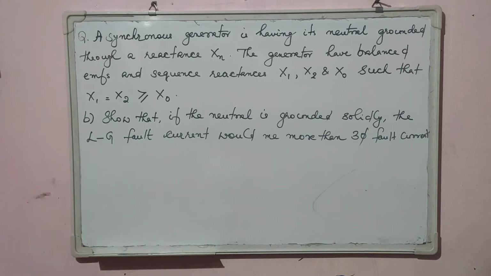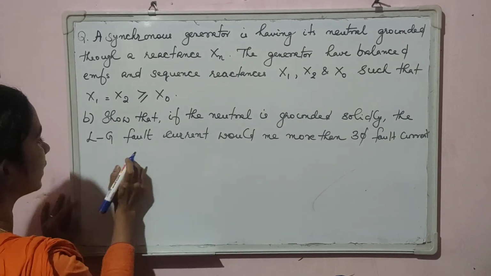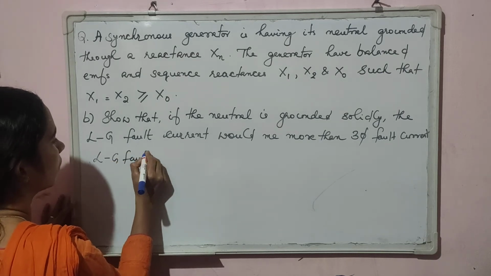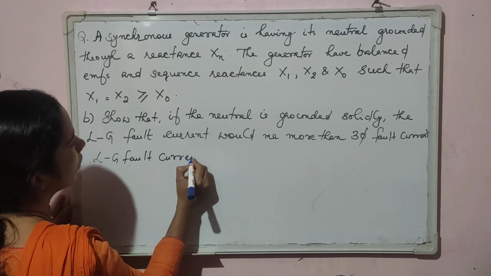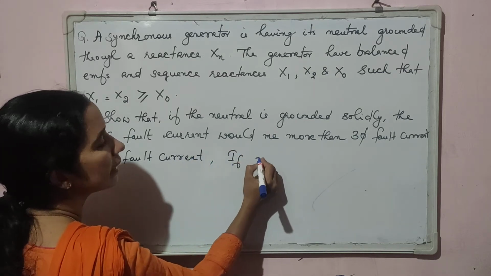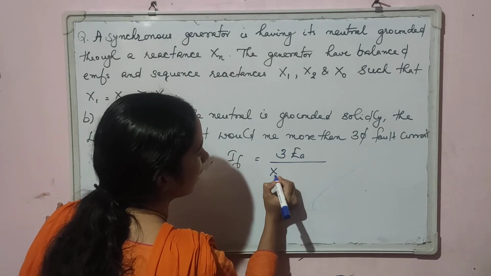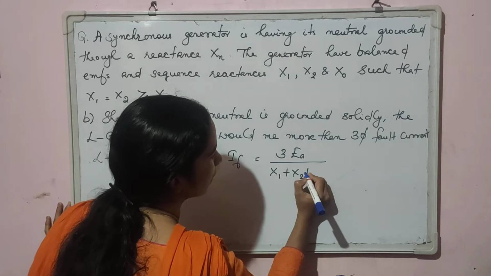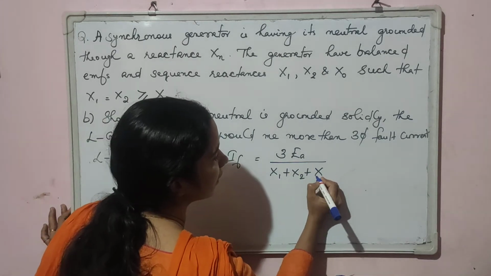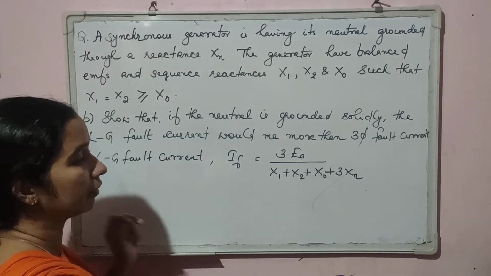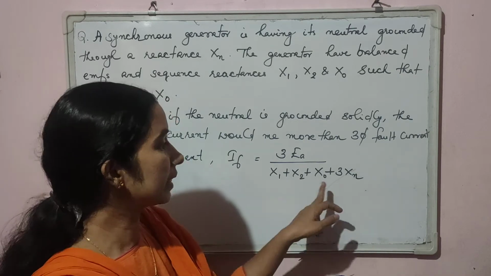The LG fault current is IF equal to 3 times EA divided by X1 plus X2 plus the zero sequence reactance, and the total zero sequence reactance is X0 plus 3Xn if the neutral is grounded through a reactance Xn.